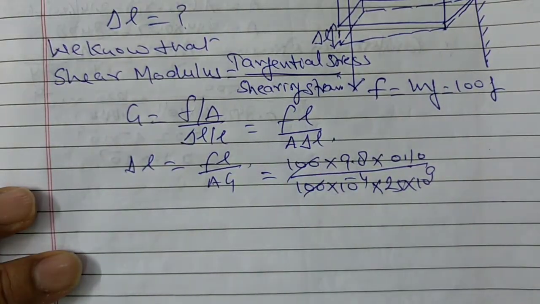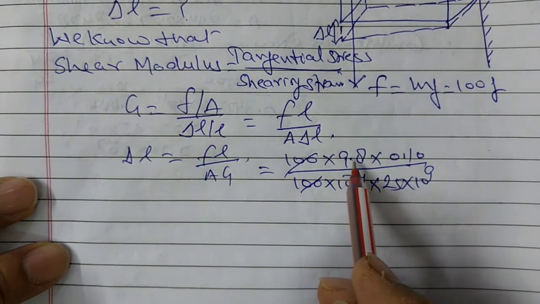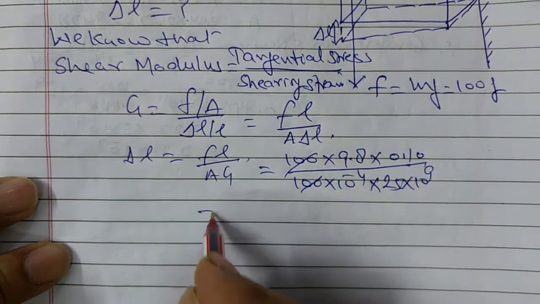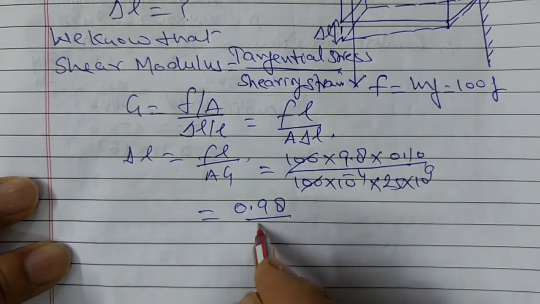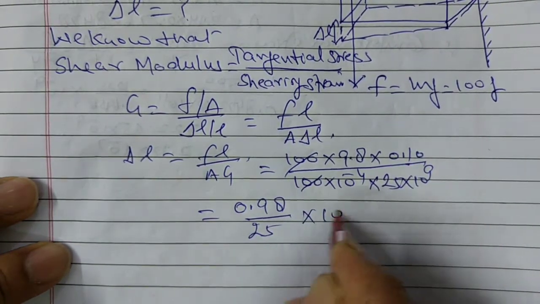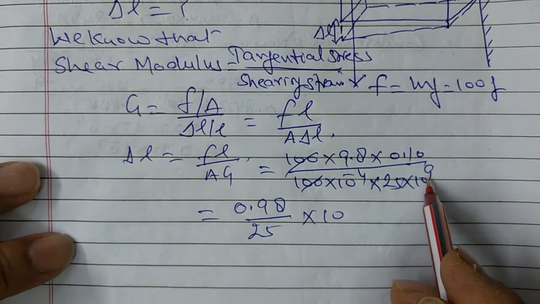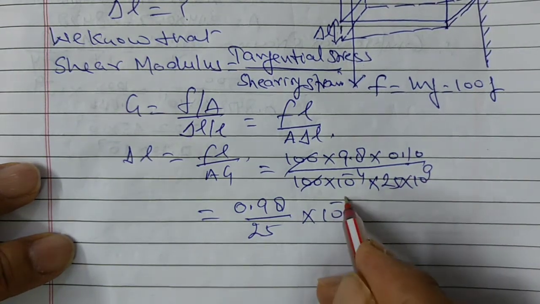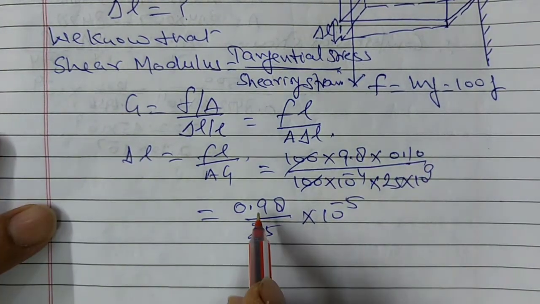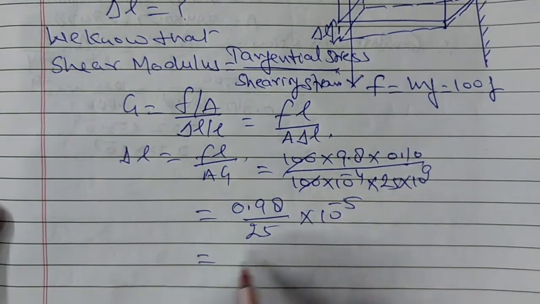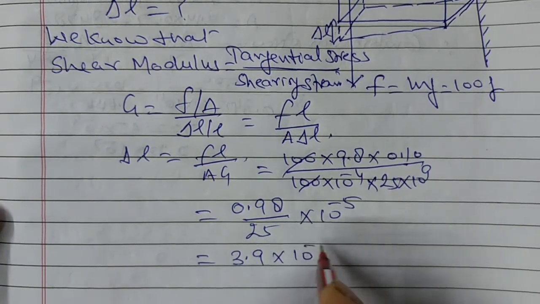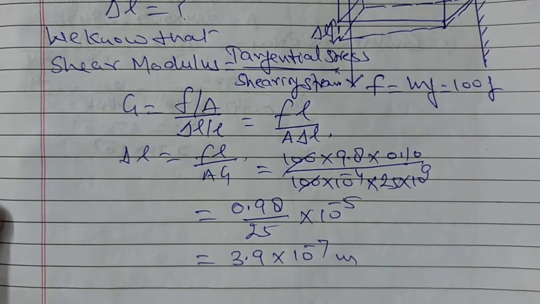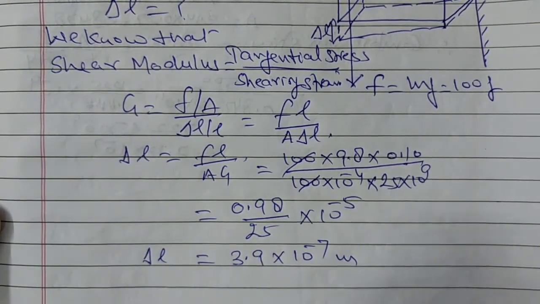This cancels 100, and this 9.8 into 0.1 is 0.98 upon 25 into 10 to the power minus 4 plus 9, that is minus 5 here, right? On dividing this by 25, this is equal to 3.9 into 10 to the power minus 7 meter. So this is the value of deflection.